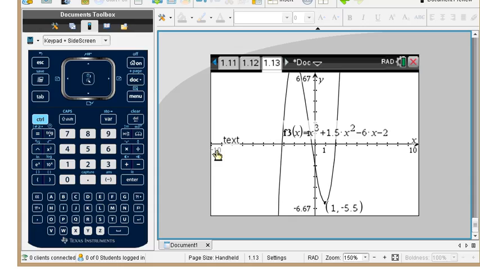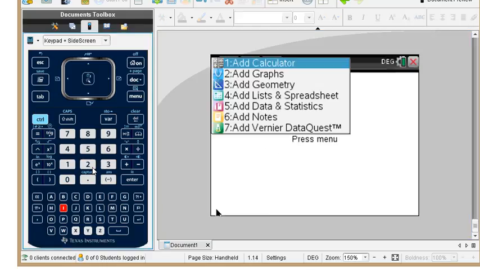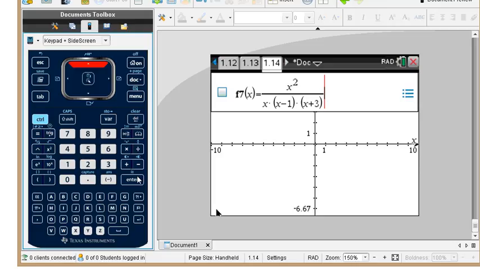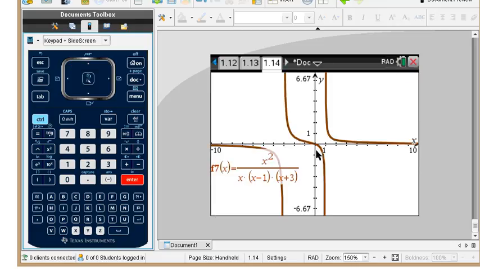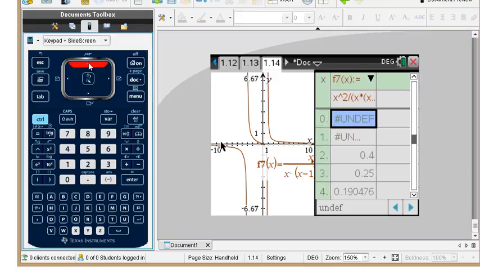Doubting, go to your calculator, Control I, add graph, and I'm going to enter this function. We see 2 vertical asymptotes, but if we go to table view, like we should, we see undefined at x equals 1, scrolling up, undefined at x equals 0, and undefined at x equals -3. 3 discontinuities.